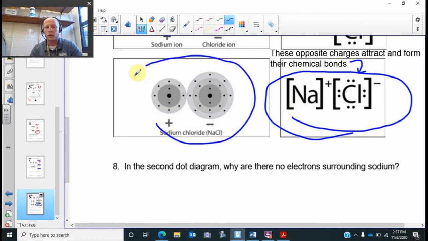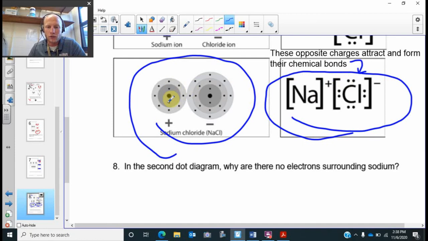We have drawn it like this when we first started learning it, but this gets a little sticky, especially when kids are drawing 1, 2, 3 energy levels and then have to add 18 electrons. This is just much easier to draw sodium with a bracket and a positive sign because valence electrons, they're the only electrons involved in chemical bonding, right?